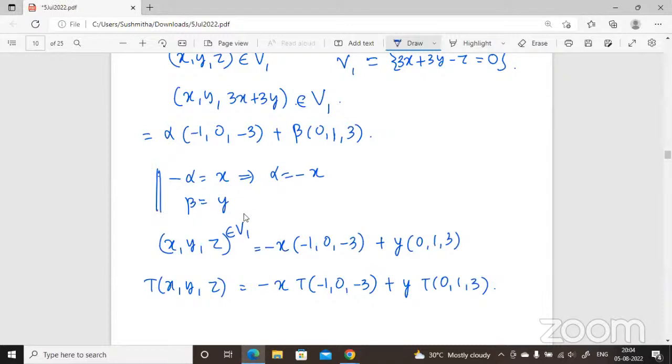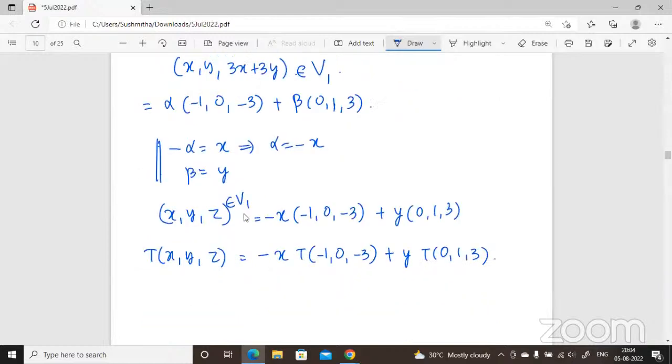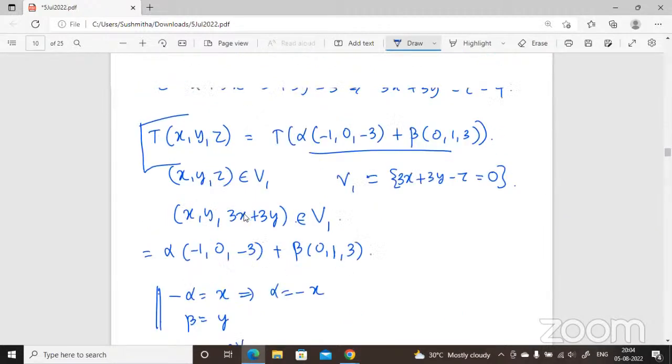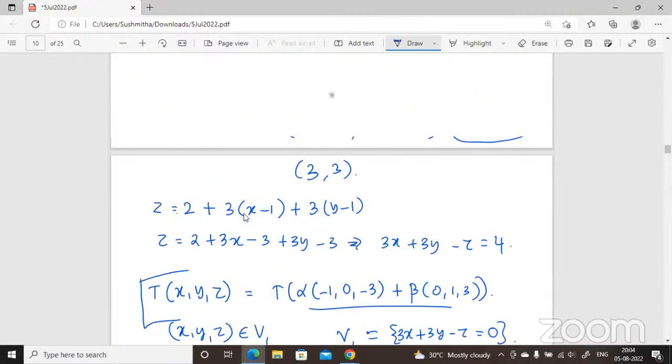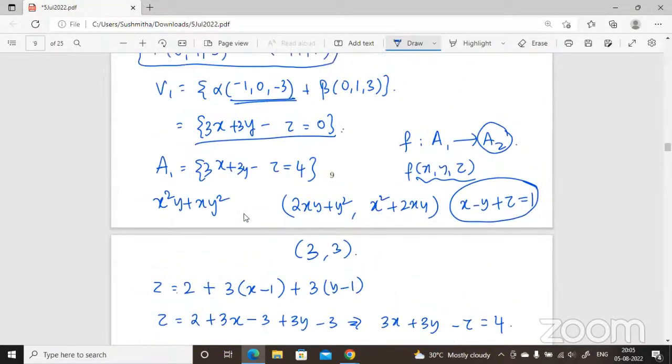How we got this alpha and beta? We started off with the basis. This is a vector. Ma'am, can you please scroll up for a minute? So ignore this. We had a vector space V1, which was this, and we had a basis for it.